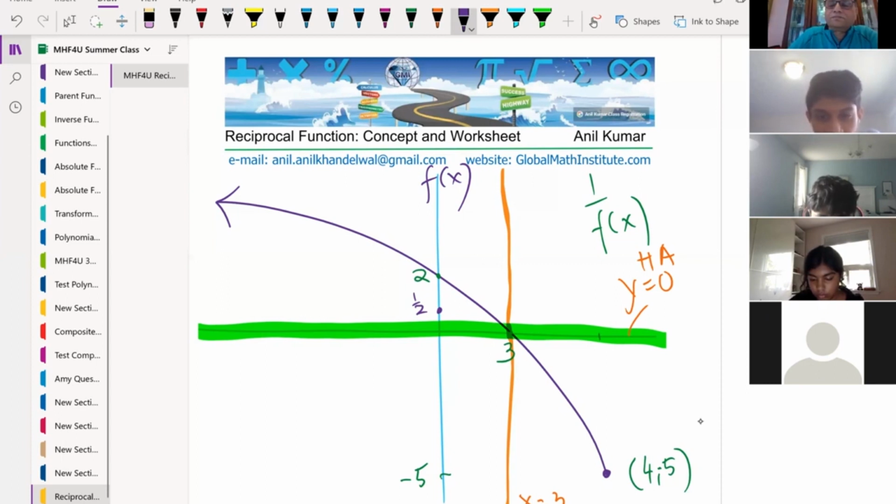What would you do with that point again? Minus 5 becomes minus 1 over 5, but it will remain at 4 only, correct? So you flip the y value: 4, minus 1 over 5. Is that okay? Very important point, because this is one of the end points. This is going to give you domain and range, correct? Very important point. You cannot leave this. Correct? So we got this.